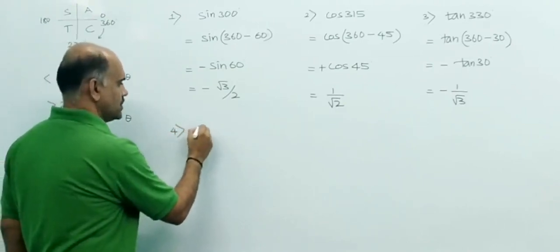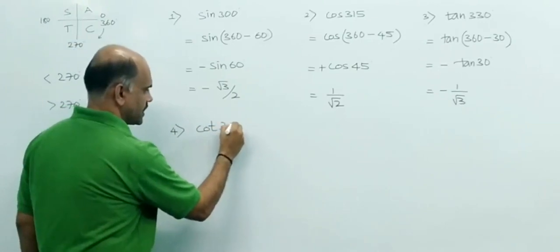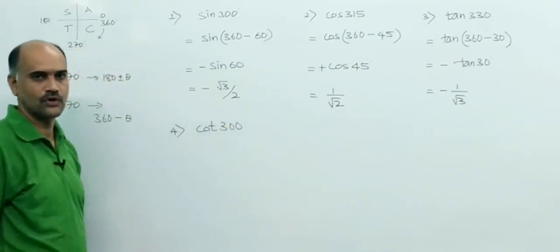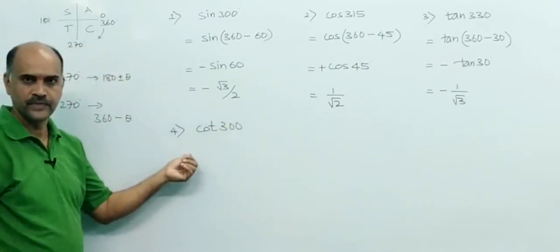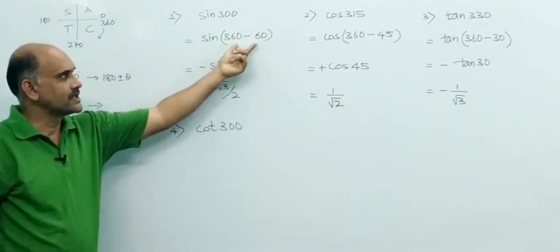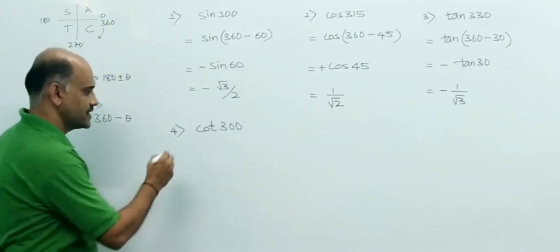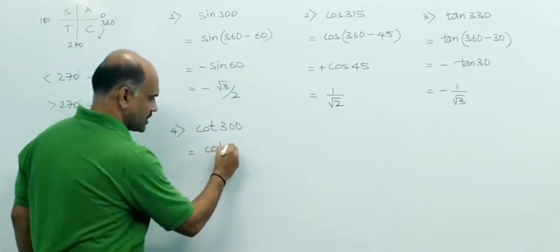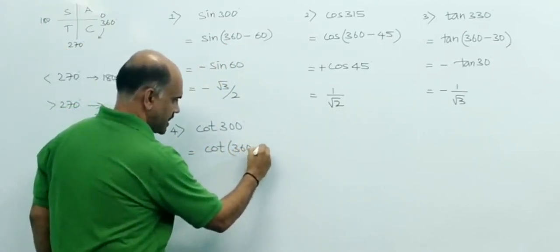Cot 300 degree. Now again if you take 300, here I have written it is near to 360, so cot 360 minus 60.